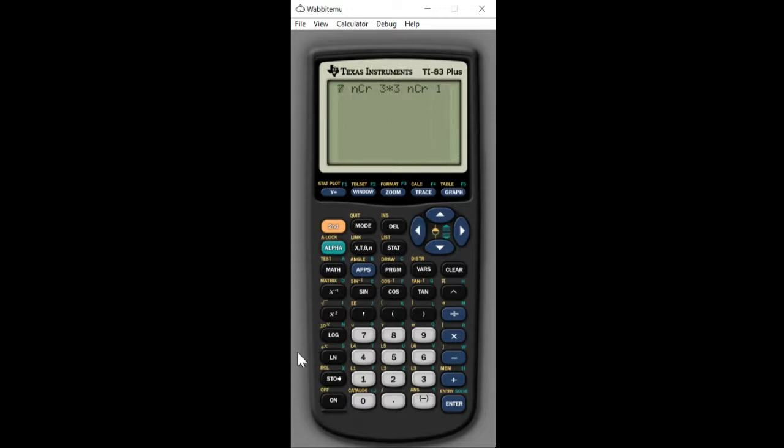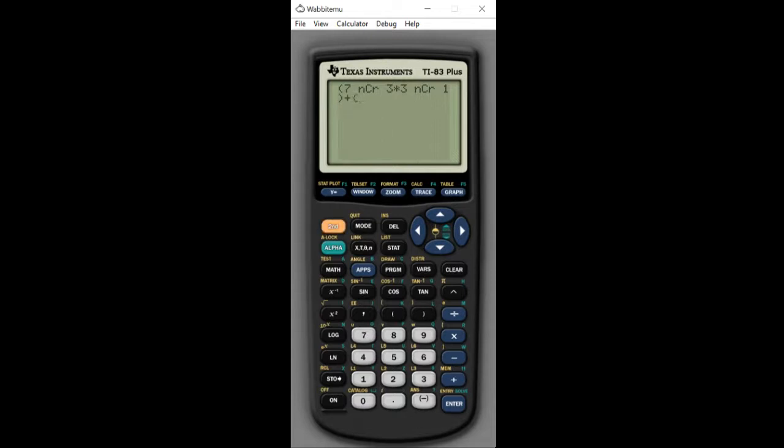I forgot to put some parentheses, so I'm going to insert some parentheses here. So I'll go second insert, parentheses here, and I'll insert them at the end of that one too. Second insert, close off my parentheses right there. Okay, then we're going to go plus.